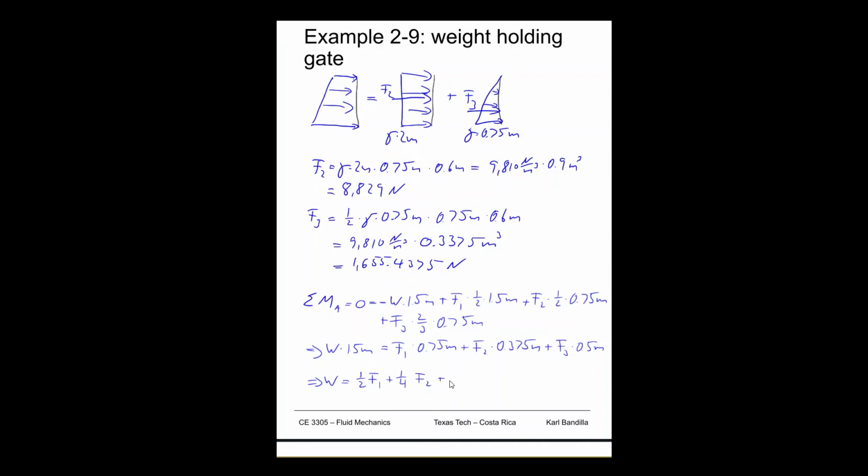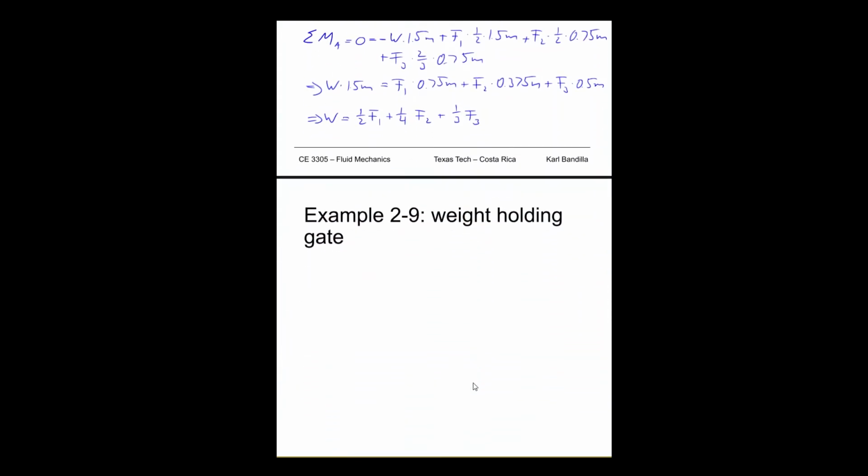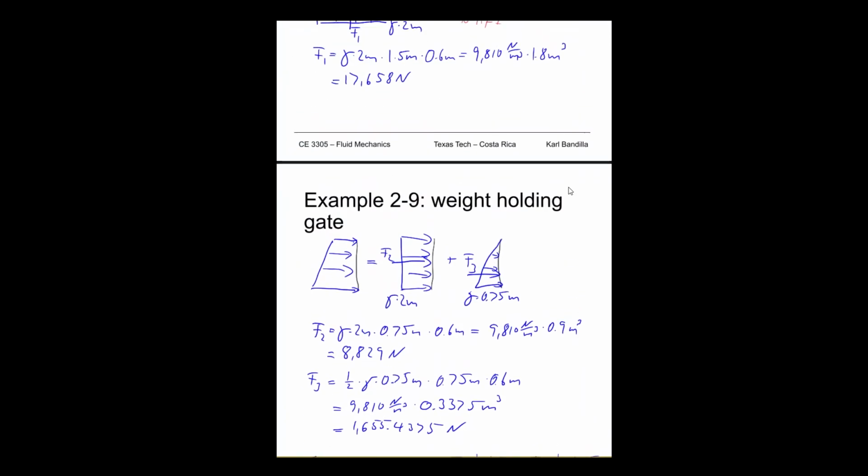And then 0.5 by 1.5 is just 1/3 F3. So good that we have a little more space here, so let's plug that in.